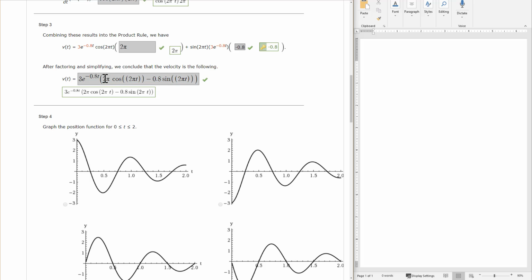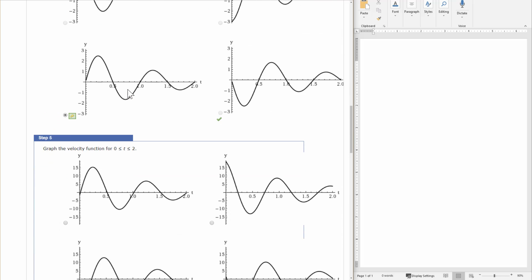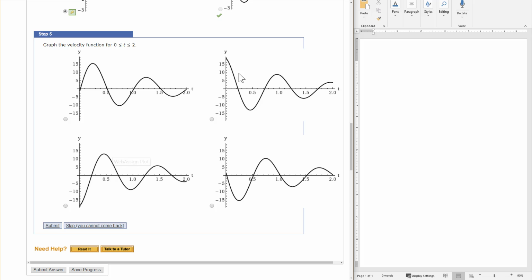And then if we put 0 in, e to the 0 power is 1, and sine of 0 is 0, and cosine of 0 is 1. So I'm going to have 3 times 2 pi. Pi is like 3.14, and so this is about 6.28, and then 3 times 6.28, that's about 18 or a little bit over. So my starting point is going to be the positive 18.